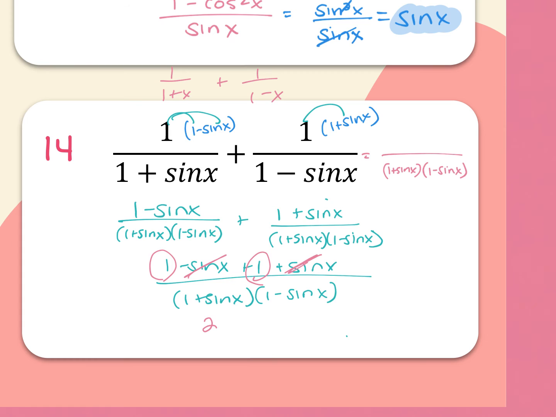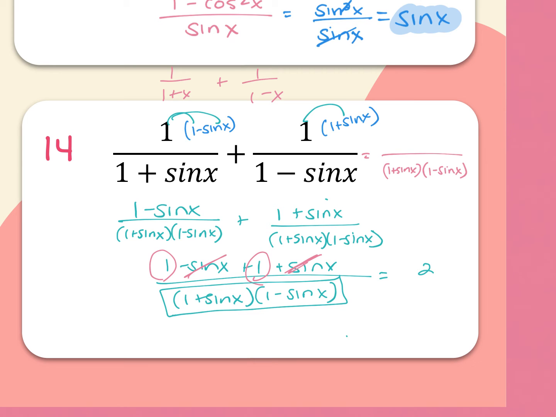Negative sine and positive sine actually cancel out. Now, what happens if I multiply this out? So let me write the 2 on the side. It's the difference of two squares. 1 plus something, 1 minus something, right?